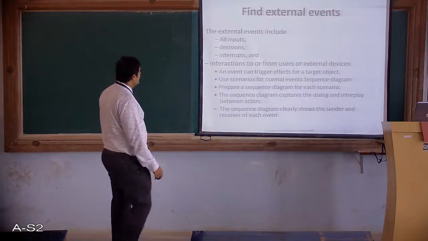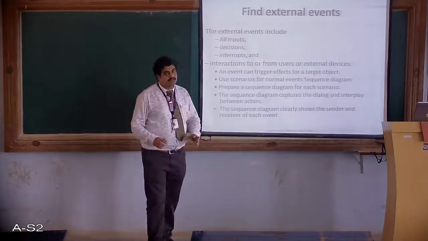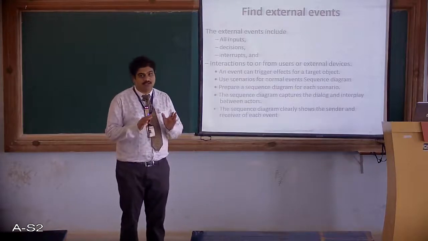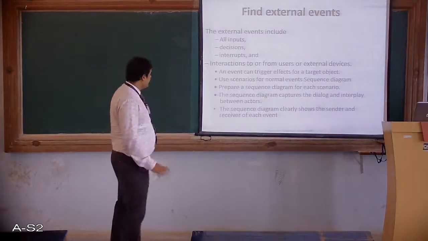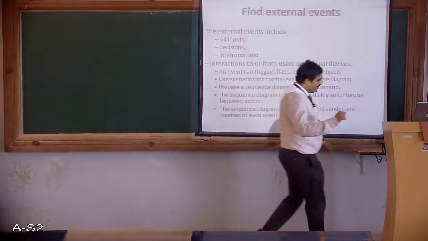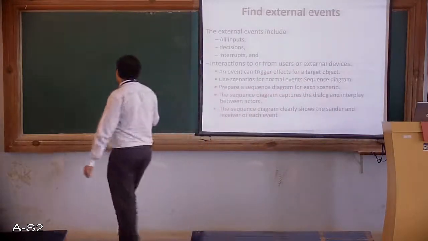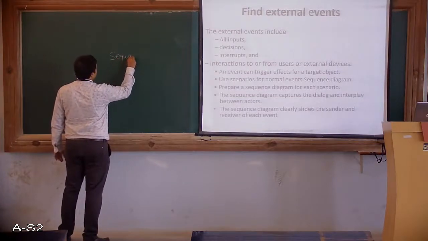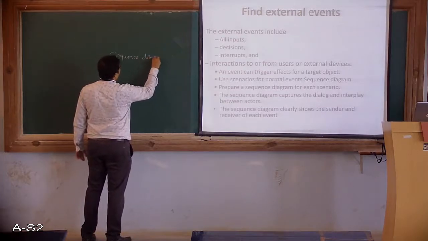So these are some of the points. The best way to represent an external event and how it will communicate with our system is a sequence diagram. As you are aware, the sequence diagram of UML is one of the diagrams used in the interaction model.